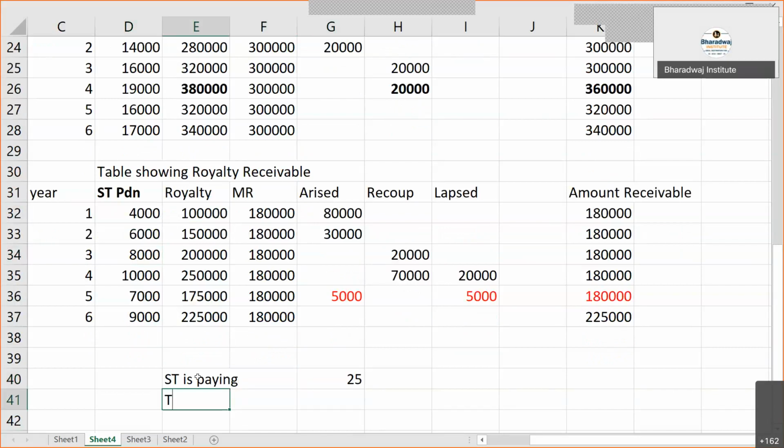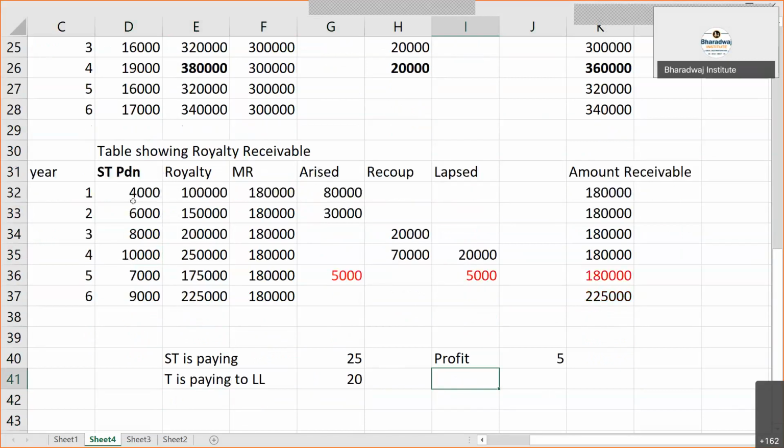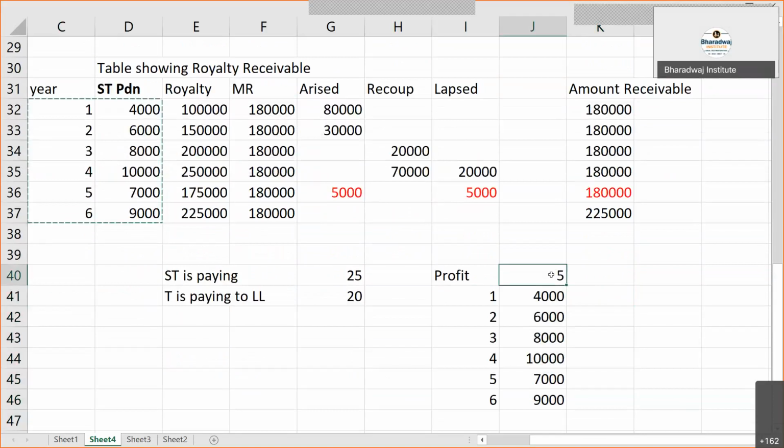But how much is the tenant paying to the landlord? 20 rupees per ton. There is a profit of how much per ton? 5 rupees per ton. So whatever the subtenant produces, the profit will be 5 rupees.